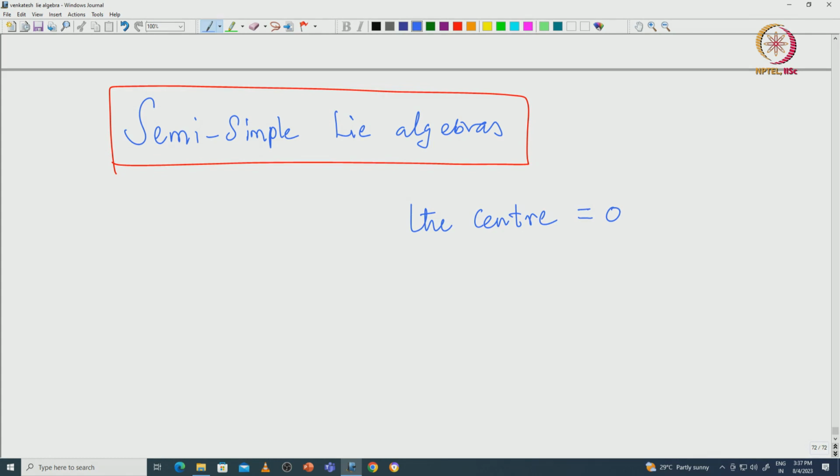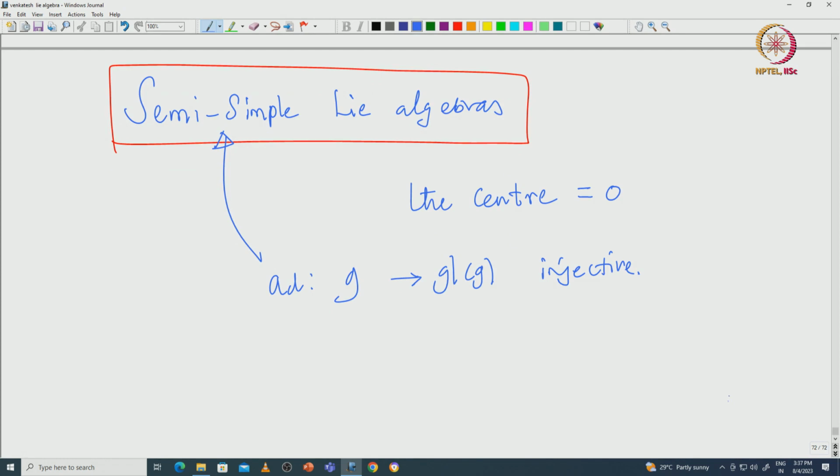That means if you use this ad map, this ad map will always be injective. So, that always gives you an embedding inside GL(g) for these semi-simple Lie algebras. But anyway, we will come to that later. I just wanted to point this out.